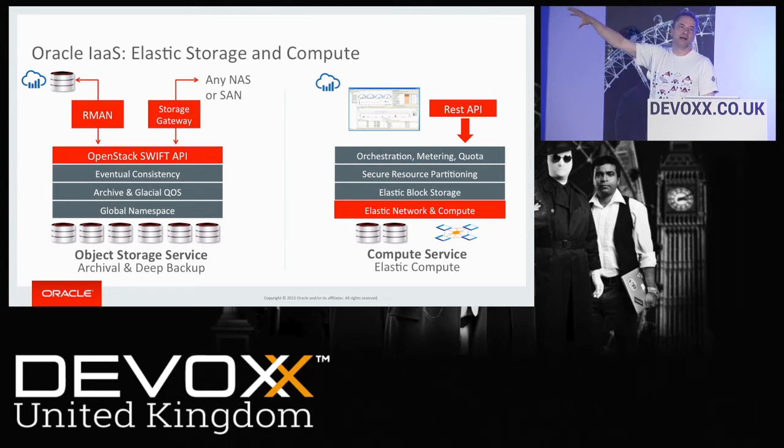Gateway from our cloud into other types of network attached storage or things like that. And then you've got even tying into things like archiving and this wonderfully named glacial quality of service, which is more related to the Amazon Glacier type of backup storage.